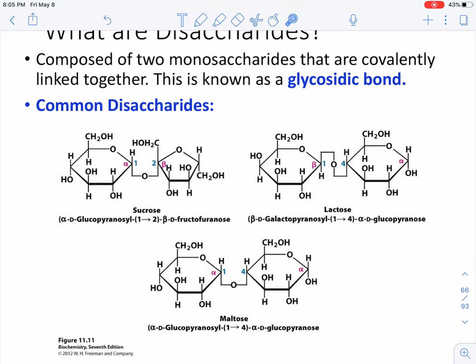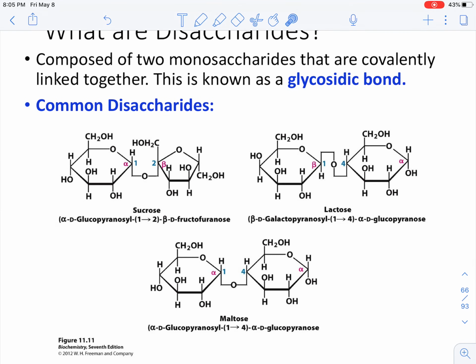This is galactose and this is glucose, and notice that they're covalently bonded through a glycosidic bond. Lactose makes up about 6 to 8% of human milk and 4 to 5% of cow's milk.